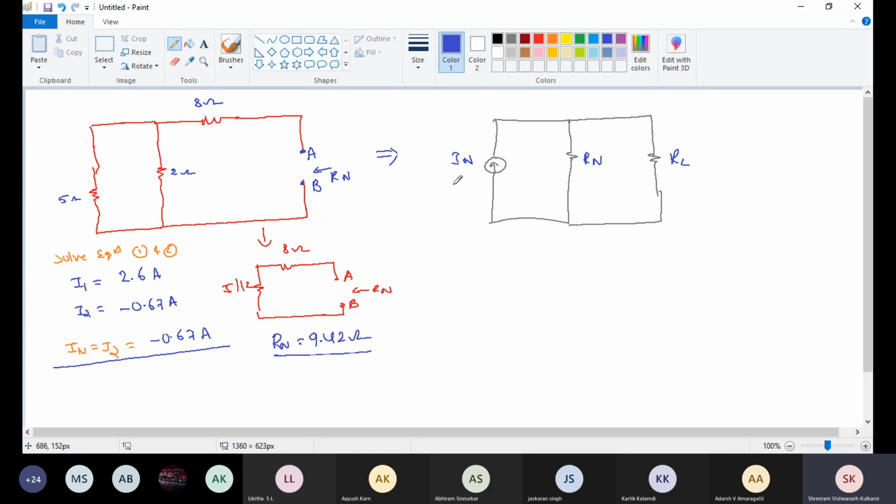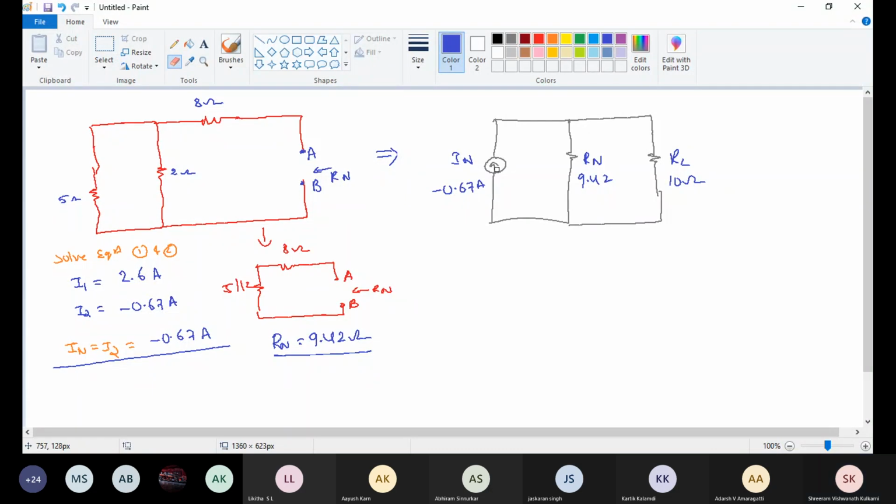What is the value of IN? Minus 0.67 ampere. RN is 9.42, RL is 10 ohm.